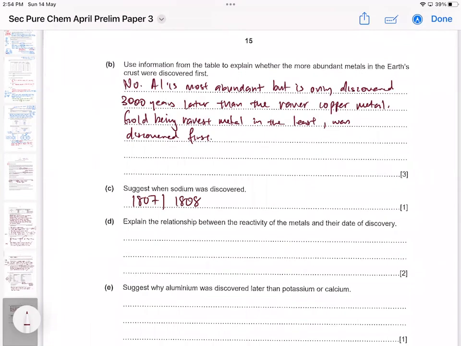Right, so let's look at part D, relationship between reactivity and discovery. This is the one that we mentioned just now. Okay, so I'll just put in words. Generally, more reactive metals are discovered later.